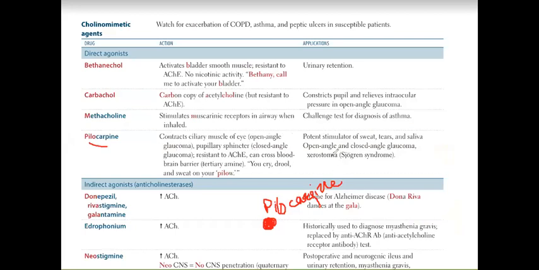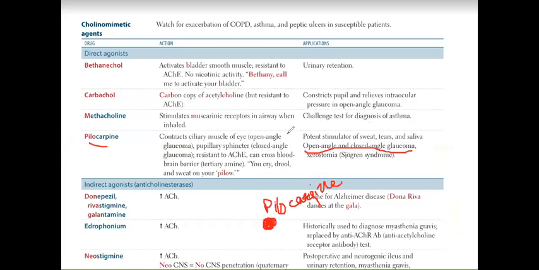So that is its therapeutic application, that it is for both open angle and close angle glaucoma. I told you how it plays its role in case of open angle and close angle glaucoma.